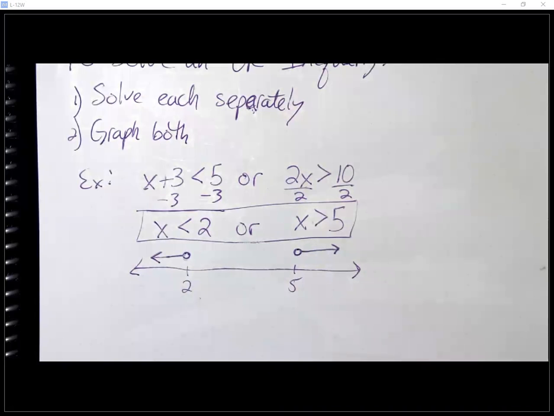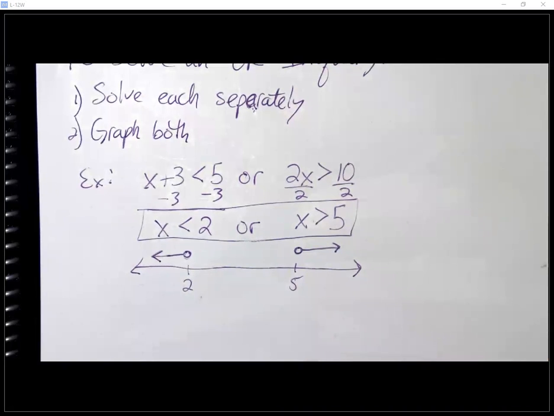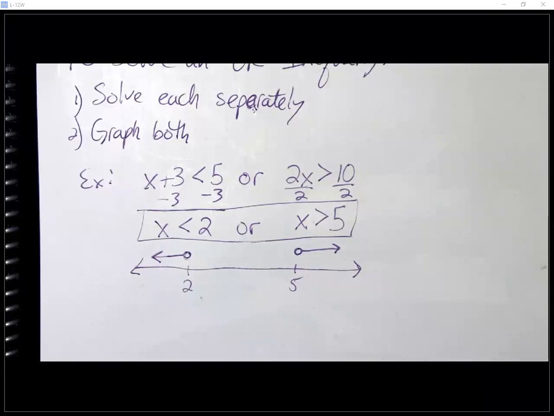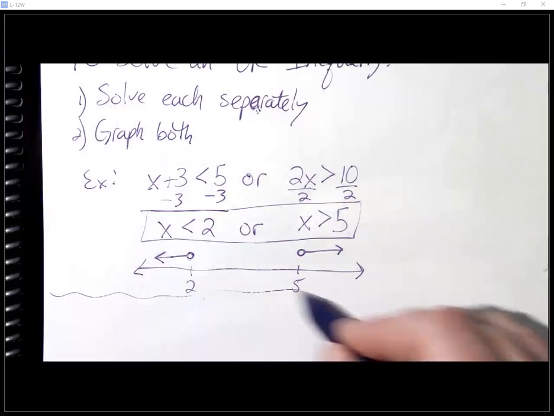But let's practice a few more of the typical ones that you're going to see 99% of the time. Okay, so let me give you another one. Do the same thing. Solve it and then go ahead and graph it. All right, let's see if I can squeeze one more example here.